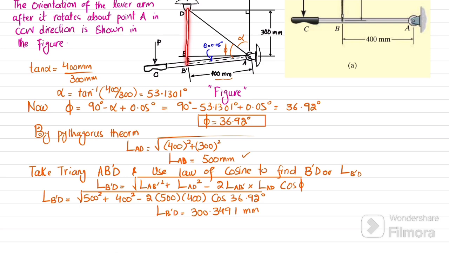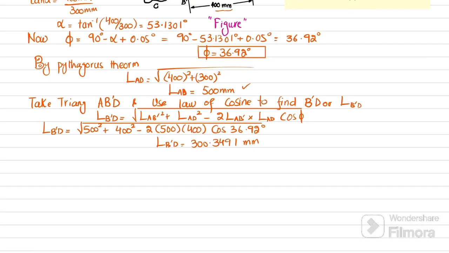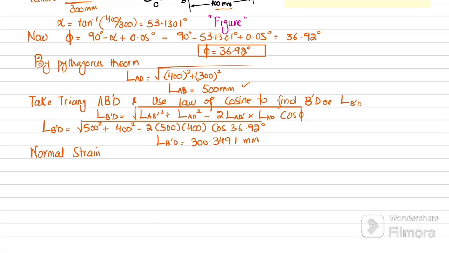So what we will do is that we will now find the normal strain. So let's move toward normal strain. Normal strain, we know that this is in wire BD. So we can write normal strain in BD will be equal to change in length of BD divided by original length BD. And this change in length is final length, which is L B dash D, minus original length, which is LBD, divided by LBD.